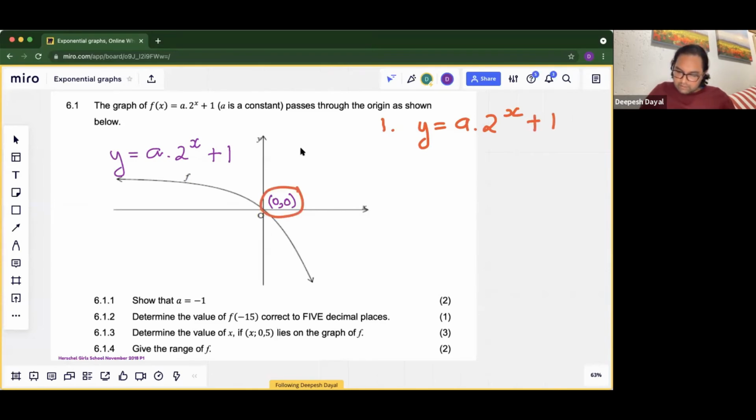So it's 0 equals a dot 2 to the 0 plus 1. Okay, so you're following. So we plug in 0 and 0, right? That's why in the place of x, you plug 0, and in the place of y, you plug 0, right? Does that make sense so far, Ronewa?